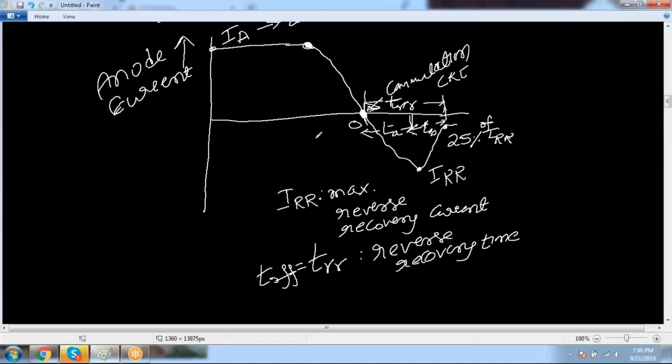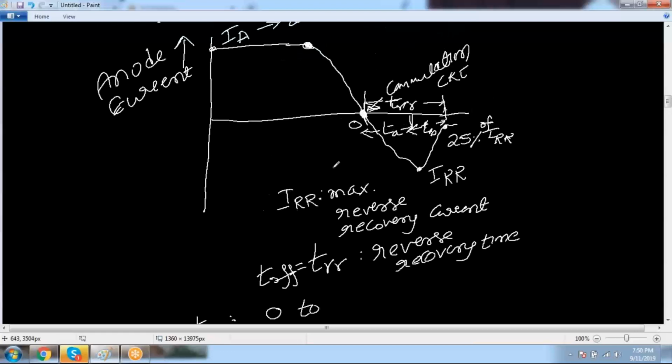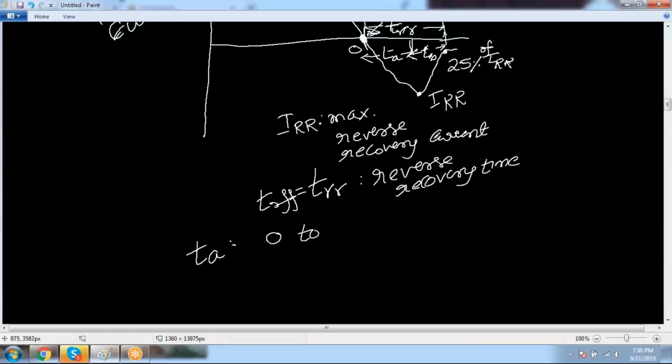What is TA? TA is nothing but 0 to IRR. During this period, the charge carriers in the depletion layer are removed. Whenever you form a PN junction, you have a depletion layer, and in the depletion layer the extra charge carriers are removed during this period.